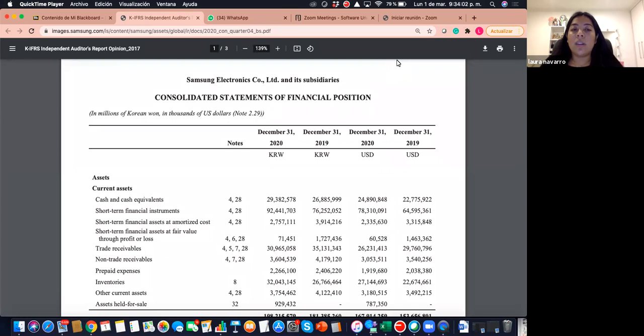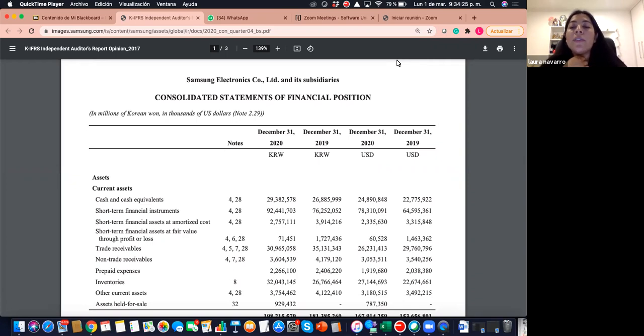This is good because this shows that the company can receive more money that other companies may be in debt to them.